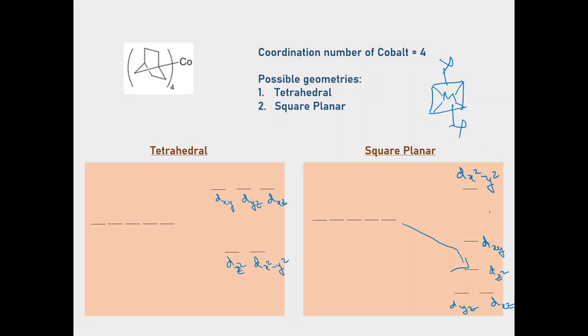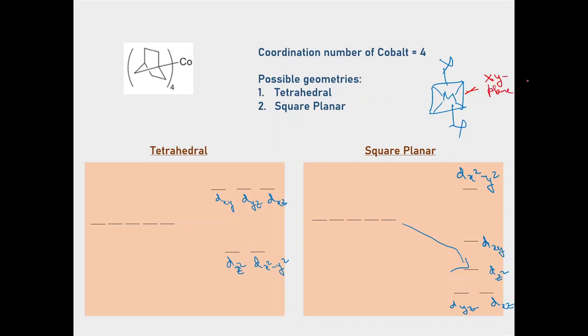First of all, we can understand one thing that for getting a square planar complex, our compound should be planar, right? Square planar means there will be no ligand present in the z-axis. If we consider this as the z-axis, all the ligands are present in the xy plane, right?